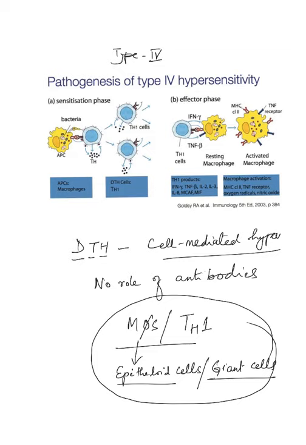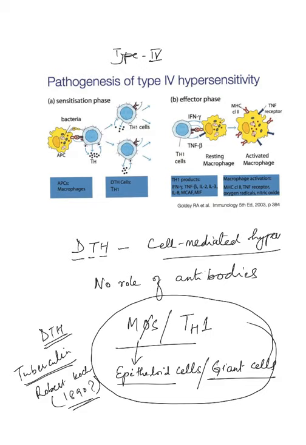And this delayed type of hypersensitivity, DTH, was earlier known as tuberculin hypersensitivity. Why? Because Robert Koch, I think 1890, need to check, observed this when he injected tuberculin.